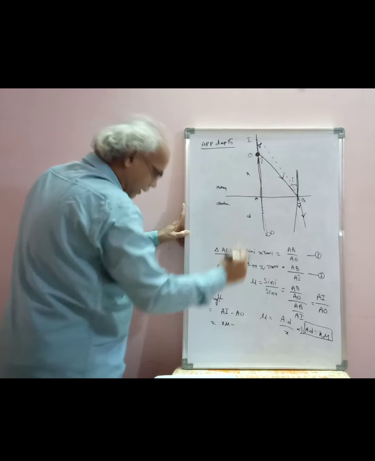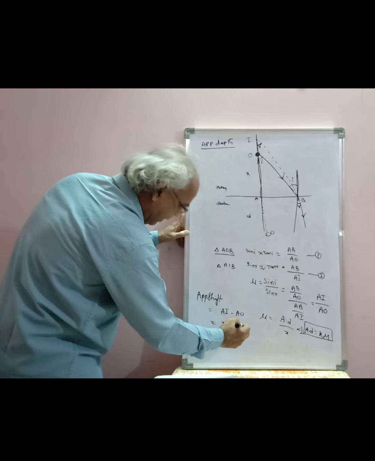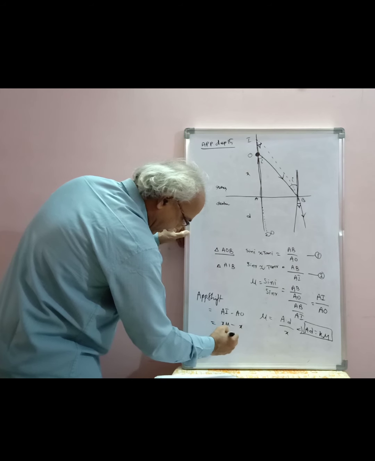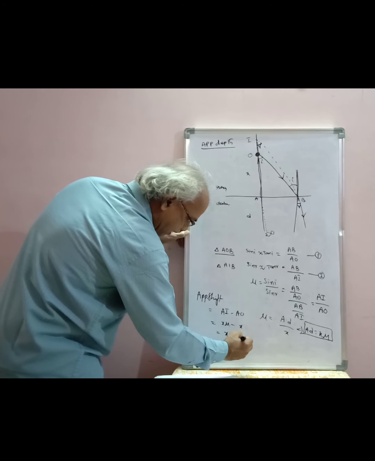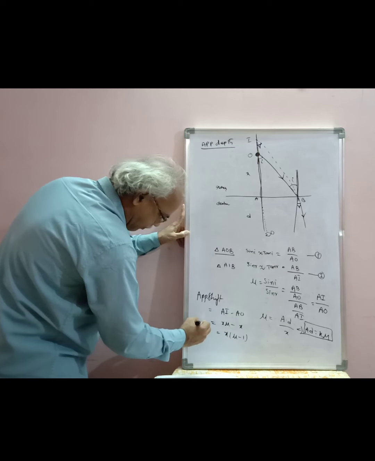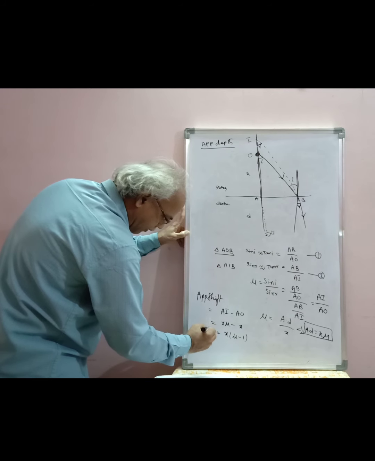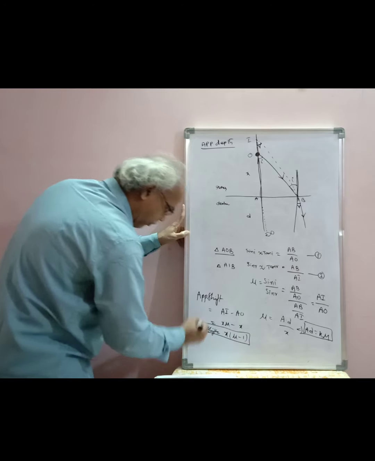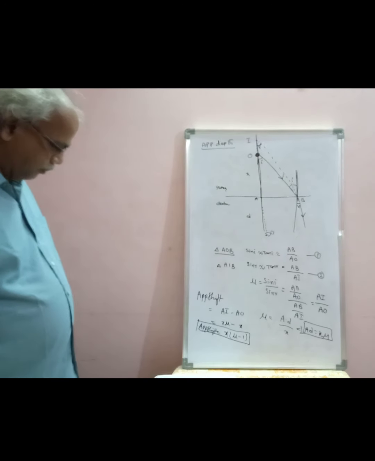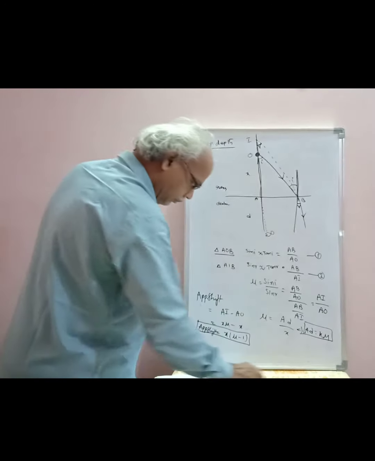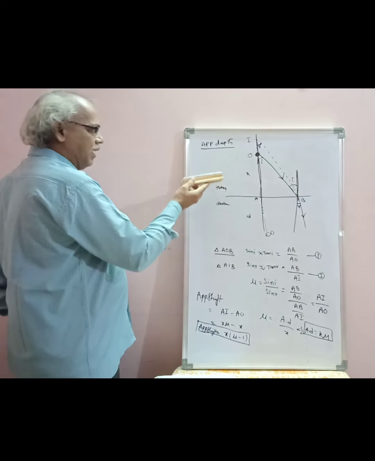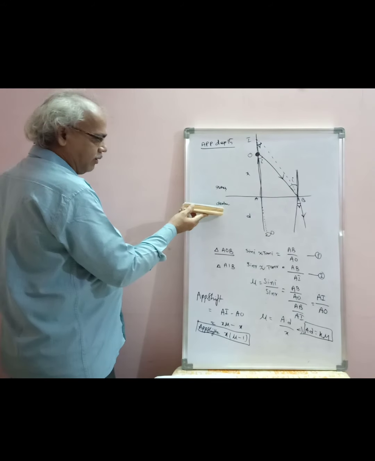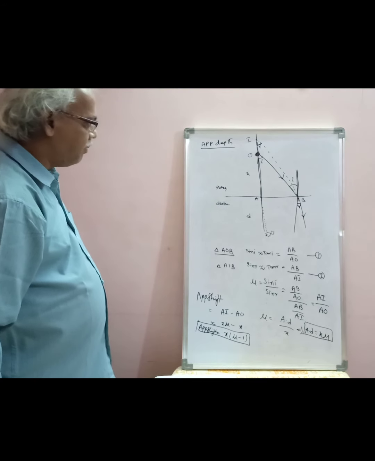AO is the real depth, that is say x. So x is taken as common and mu minus 1. It is the apparent shift when the object is in rarer medium and the observer is in a denser medium. It is a very important concept.